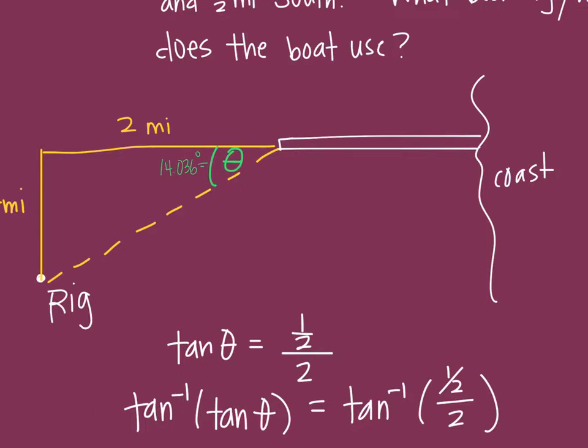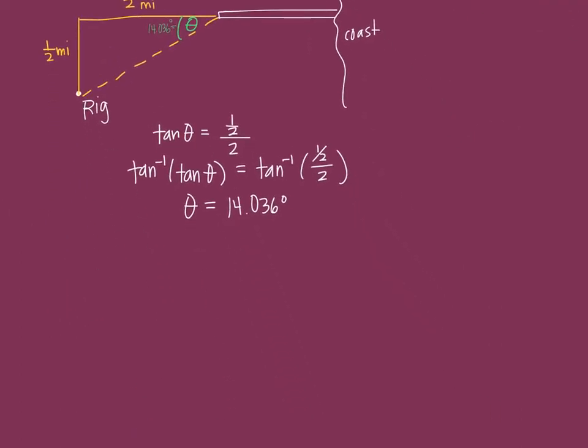I maybe didn't draw that perfectly because 14 degrees is pretty small. What's the bearing for west? You guys remember? It's perfectly 270, right? And so is this more or less than that? Less. Okay, so you do 270 and you take away the 14.036 degrees. All right, so when we actually want to answer the question, you got to do one step more.